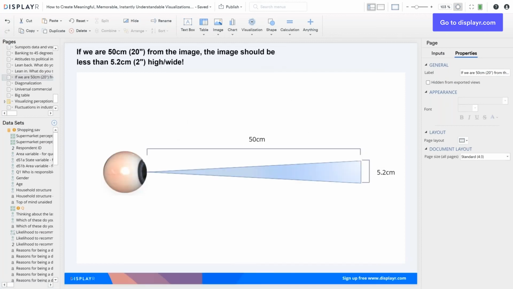For optimal viewing, we want an image to be in an angle from our eyes of about 4 to 6 degrees from our retina. This means that if we're viewing from about 20 inches or 50 centimeters away, our ideal image is only about 2 inches or 5 centimeters high. And this explains a bit why banking works.